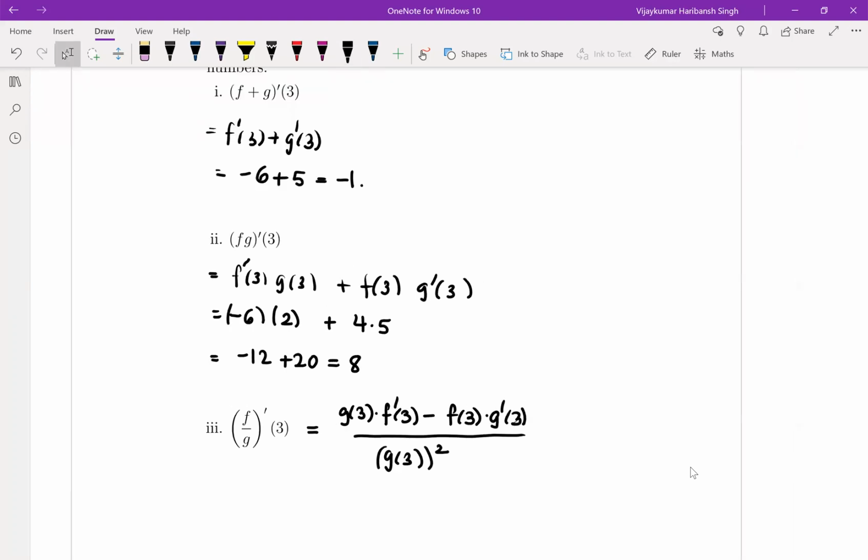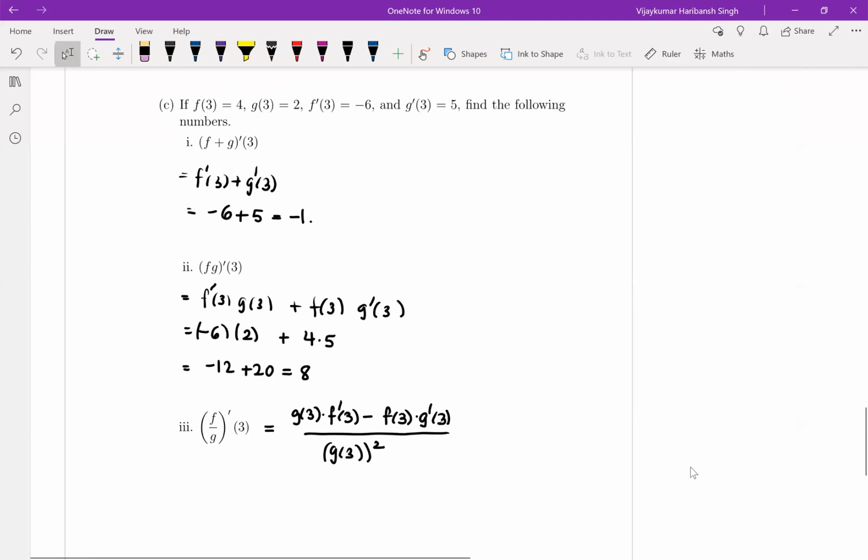So let's get the values. G of 3 is 2. F prime of 3 is minus 6. Minus f of 3 is 4, times g prime of 3 is 5. Divided by g of 3 the whole square.